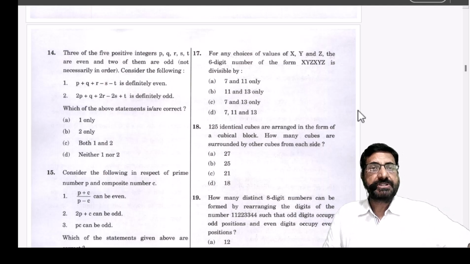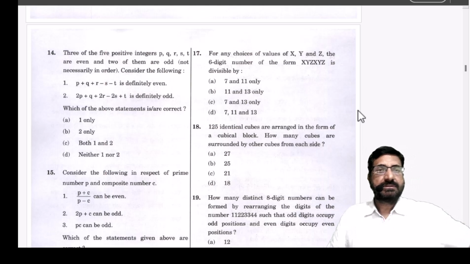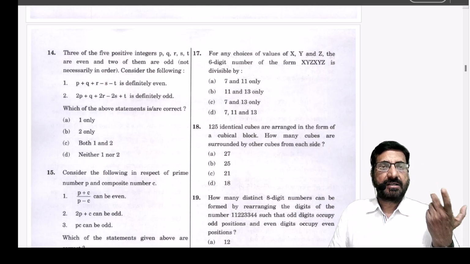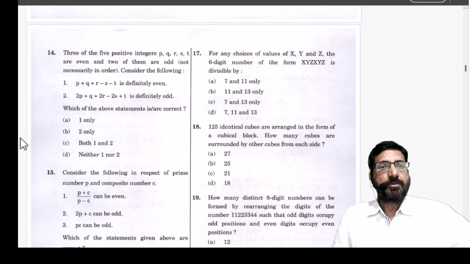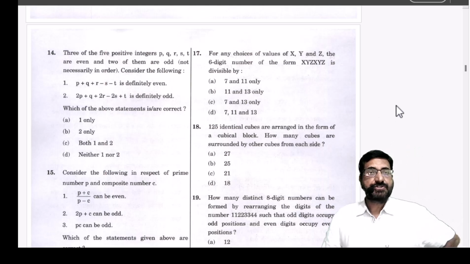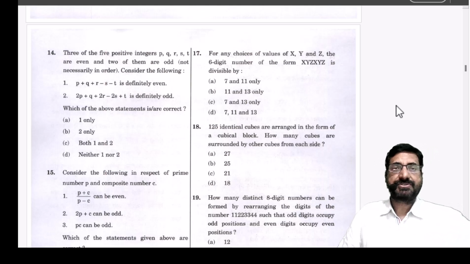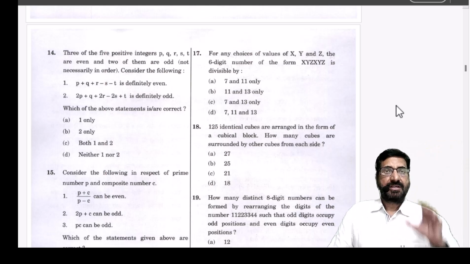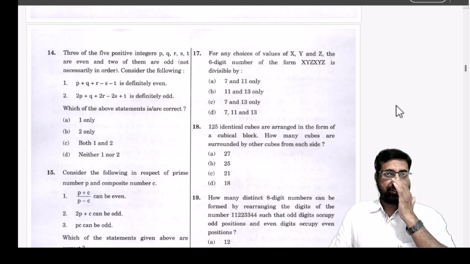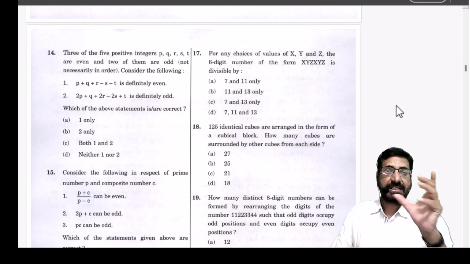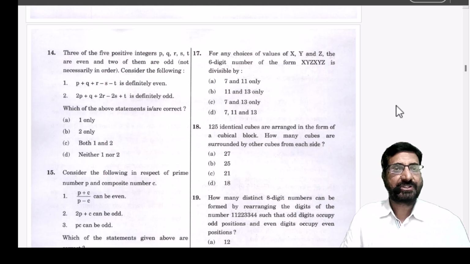3 of the 5 positive integers p, q, r, s, t are even and 2 of them are odd. Okay, not necessarily in order. This can be p, can be odd or even. Now p plus q plus r minus s minus t is definitely even, whether it is true or not. So if you add 2 odd numbers, if you add 3 odd numbers, see the beauty of this is whether you are adding even number, even times odd number or even times even numbers, that is very, very important.